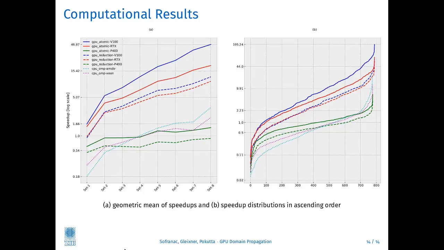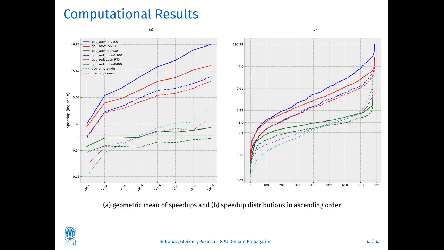The figure on the left shows geometric means of speedups over the 8 subsets of increasing size for each algorithm machine pair. First, we can see that the 2 high-end GPU executions, colored red and blue, drastically outperform the CPU and low-end GPU executions.